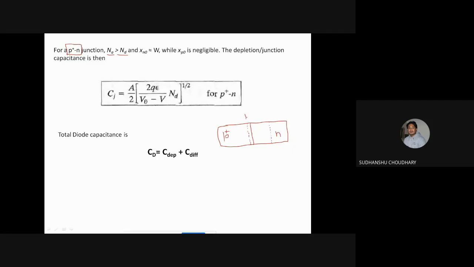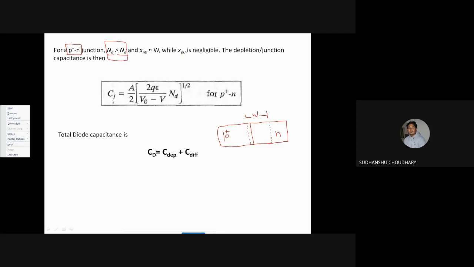So the overall transition region width or depletion region width is dominated by the depletion region on the N side. So this is for a P plus N junction, where the acceptor impurity concentration on the P side is greater than the donor concentration on the N side.